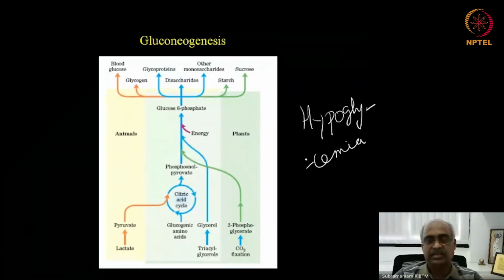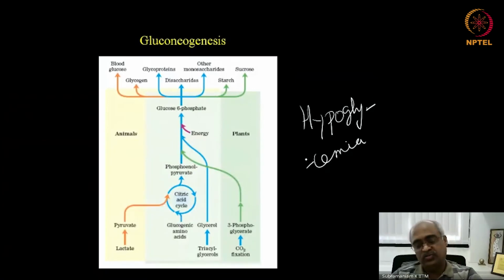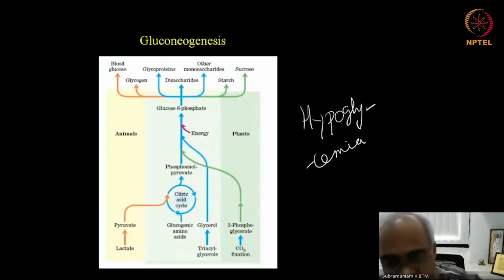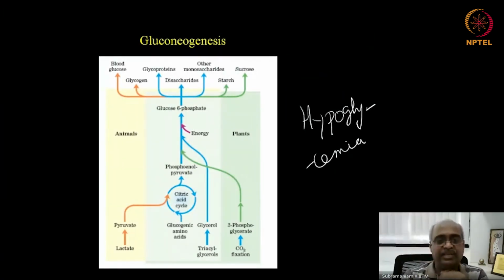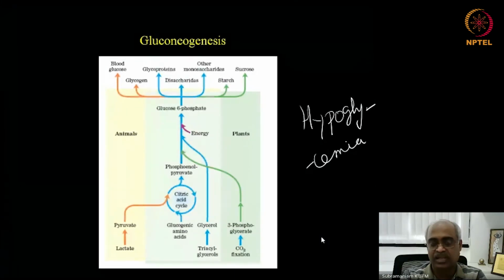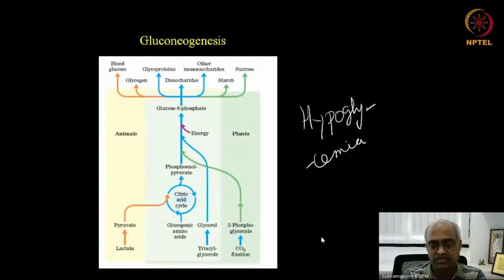It is lowering of glucose in blood, and due to that, the brain will not have sufficient energy, its activity will go down, and then you will get into coma. To avoid that, glucose production is important. Maintenance of the normal levels of glucose, roughly about 70 milligrams per 100 ml of blood, is really crucial. If it goes below 40, you will go into coma.